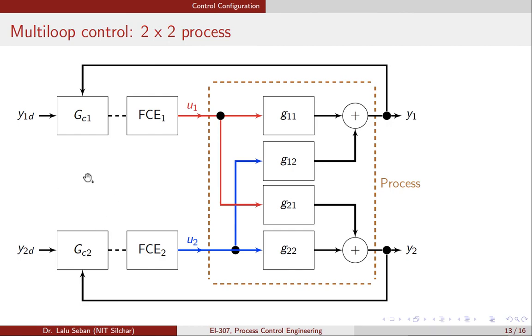So in case of any fault, the tolerance level will be very high in the case of decentralized control. Maintenance will be very easy in the case of decentralized control. If you want to do some maintenance in a particular loop, you can open this loop.